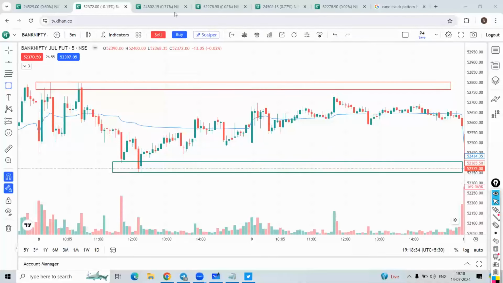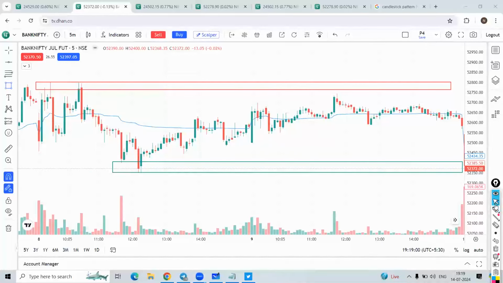How many traders over here watch cricket or have basic knowledge of cricket? Simple.